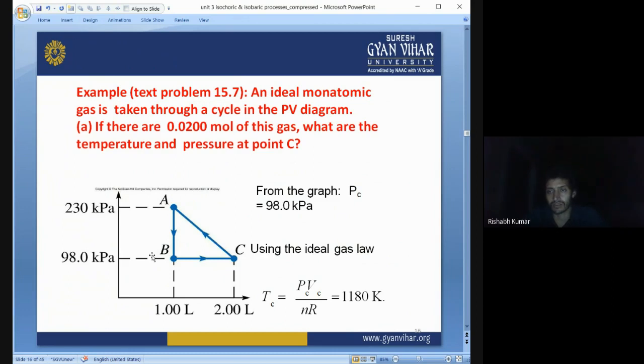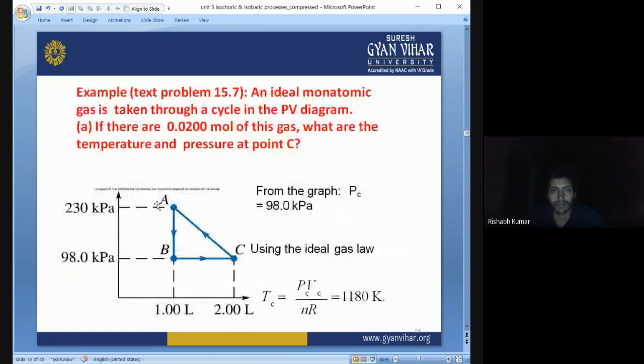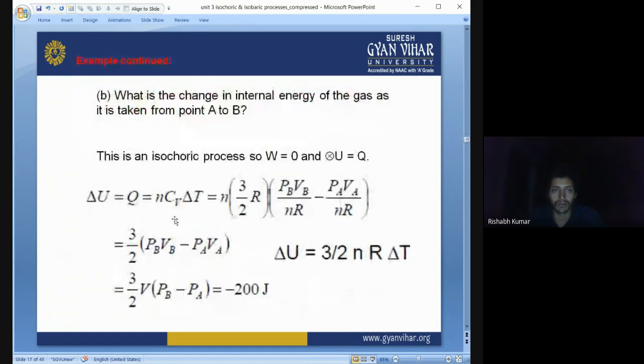So your dU, we know from the formula, is n Cv dT, right? n Cv dT. So this is 0.0200 moles. Cv, we know it is a monatomic gas, so Cv becomes 3 by 2 R, right?